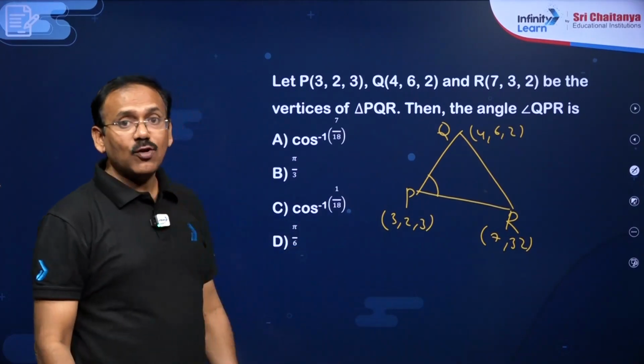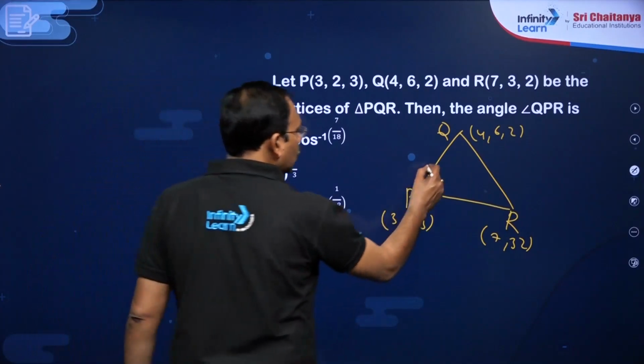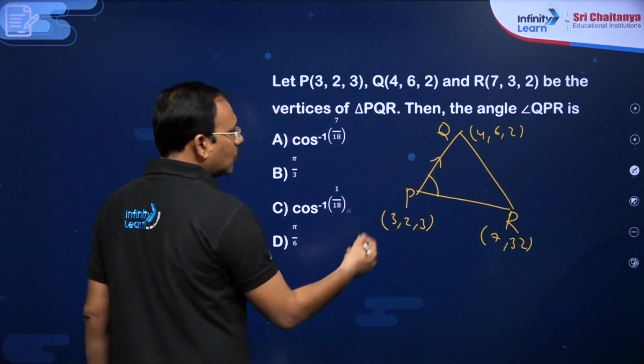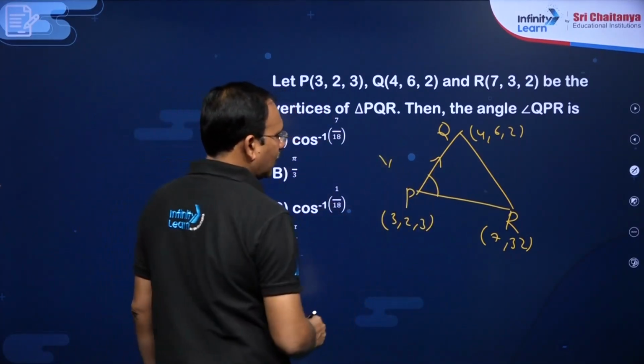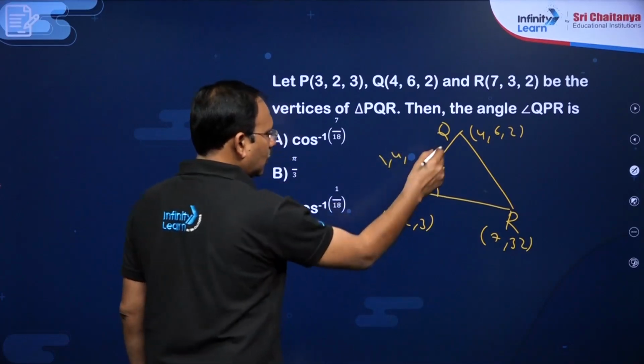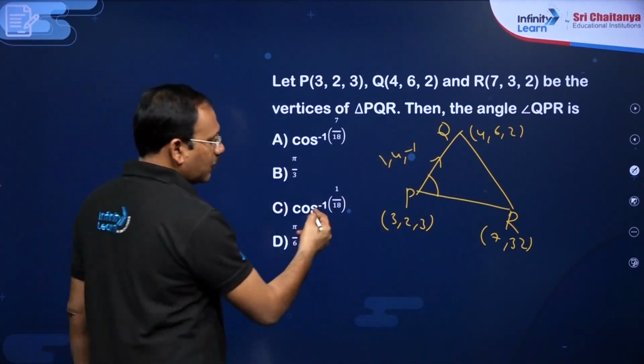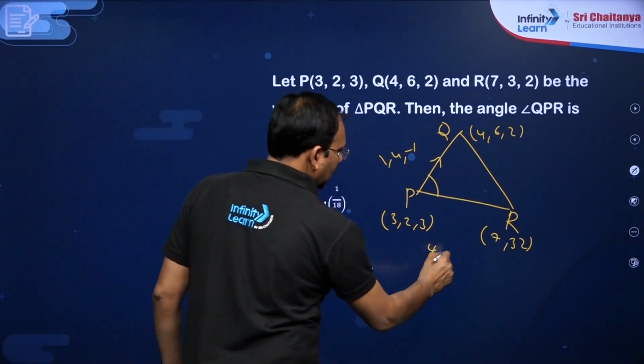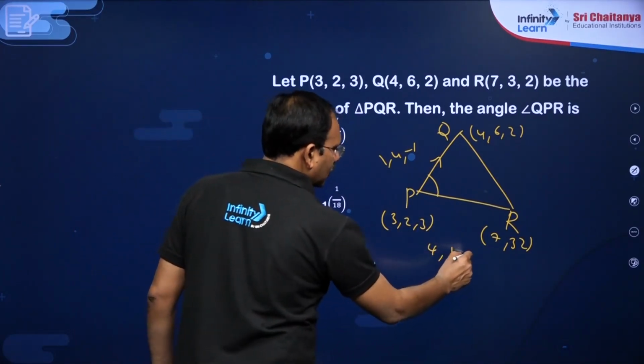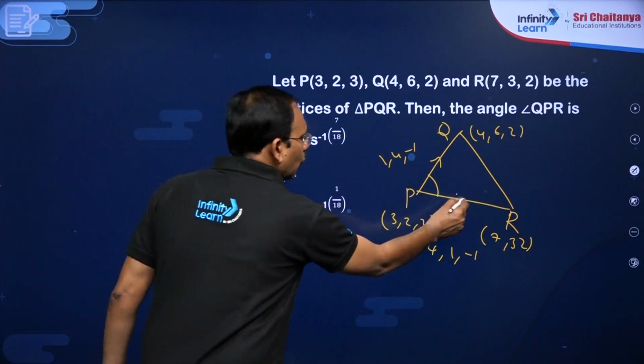Our second method, why don't we use vectors? So PQ bar you can find. PQ bar means 4 minus 3, 1, 6 minus 2, 4, 2 minus 3, minus 1. PQ bar vector is this. And PR bar: 7 minus 3, 4, 3 minus 2, 1, 2 minus 3, minus 1. So you know these 2 vectors.